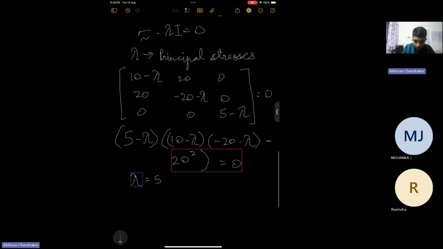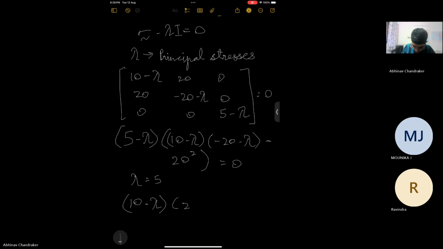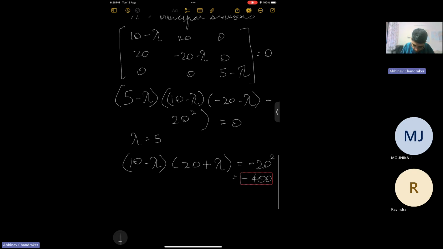The other values will be 10 minus lambda into 20 plus lambda equal to minus of 20 square equal to minus 400, right? So this is a quadratic equation. We'll have to solve it.